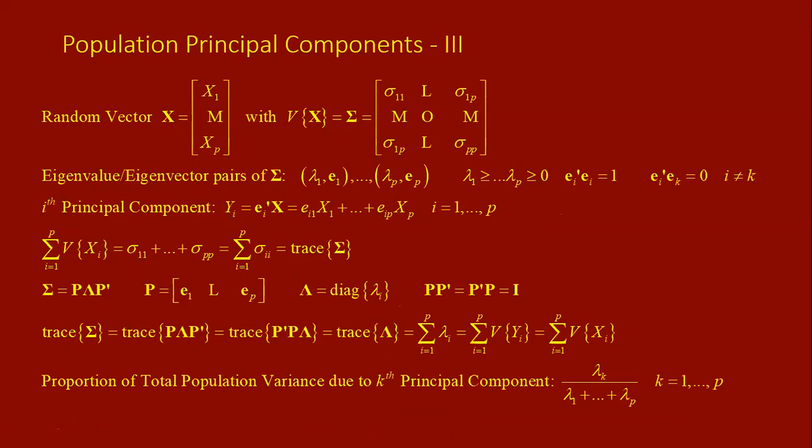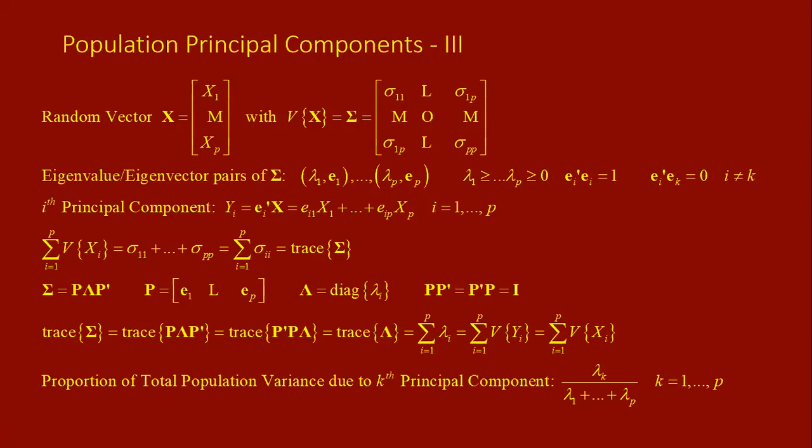And from there, I may want to measure the proportion of the total population variance due to k principal components, okay? Now, if I have p variables, I'm going to have p principal components, okay?